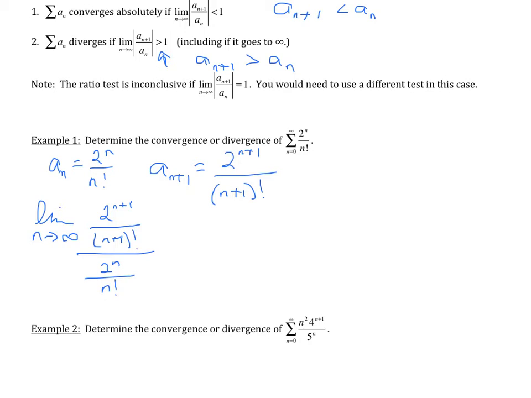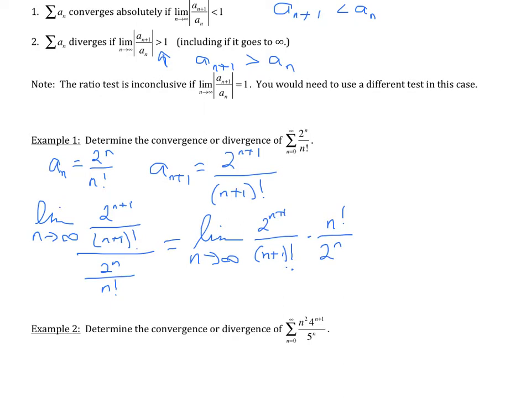Now that is gross, it's really big, takes up a lot of room, so it is perfectly acceptable to write it as the first term times the reciprocal of the second term. So we'd have 2 to the n plus 1 over n plus 1 factorial times n factorial over 2 to the n.